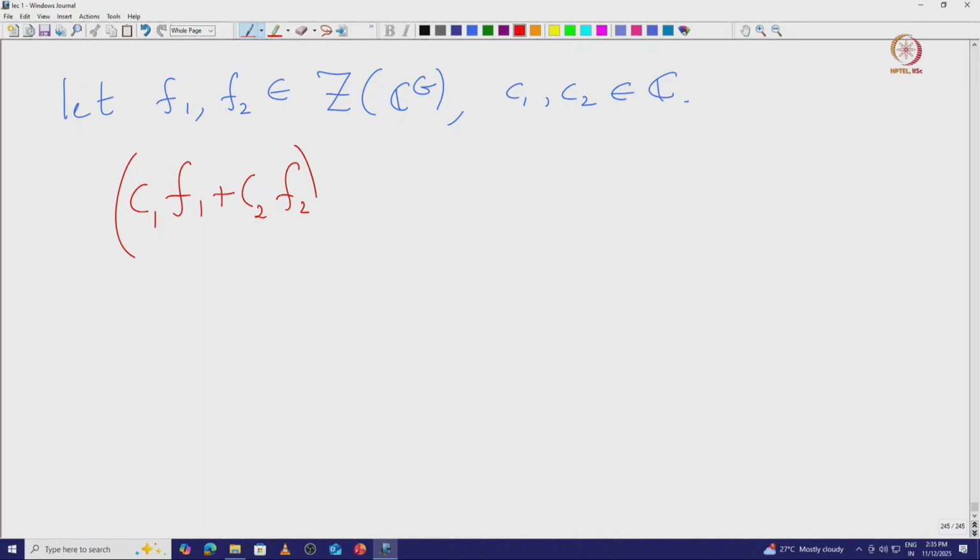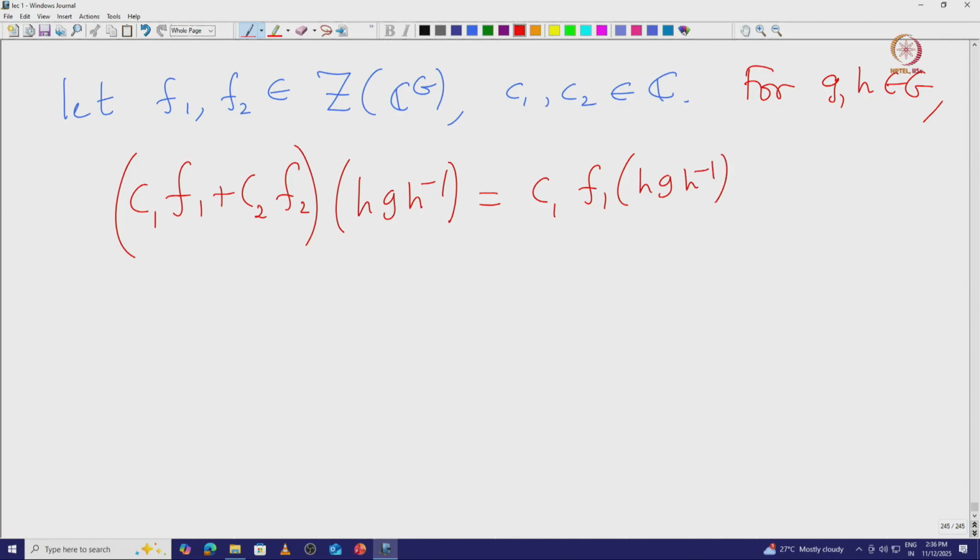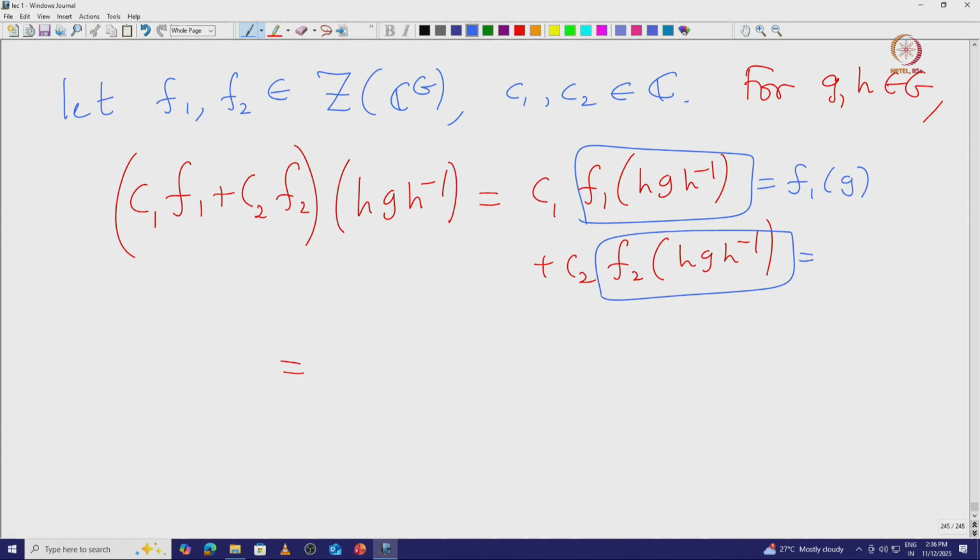So, for g, h in G, let us compute this. This is exactly equal to c1 f1(h g h inverse) plus c2 f2(h g h inverse). But since both f1 and f2 are class functions, the first value is equal to f1(g), and similarly the second is equal to f2(g). So, this is exactly equal to (c1 f1 plus c2 f2)(g).